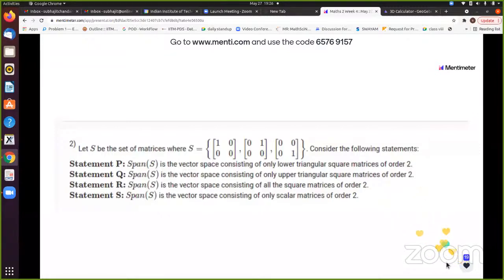Okay, so I am moving to the next slide. You can write your answer now. So at the first position there is 1, at the 1 2 position there is 1, at the 2 2 position there is 1. So what should be the thing?